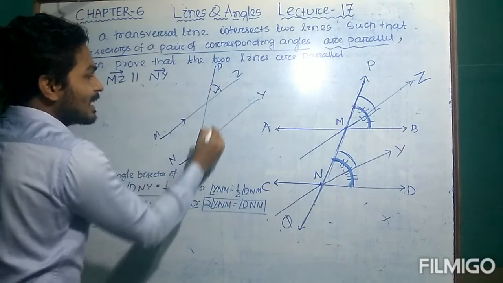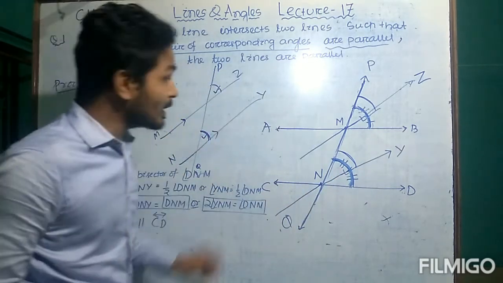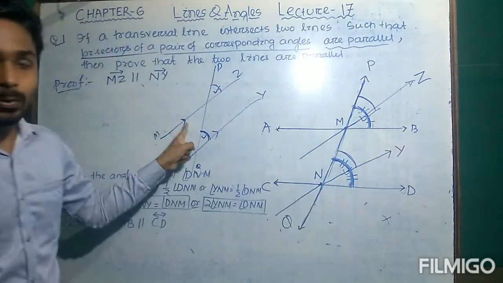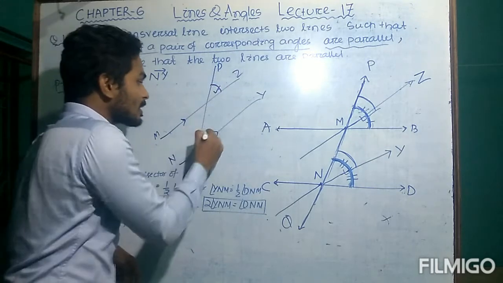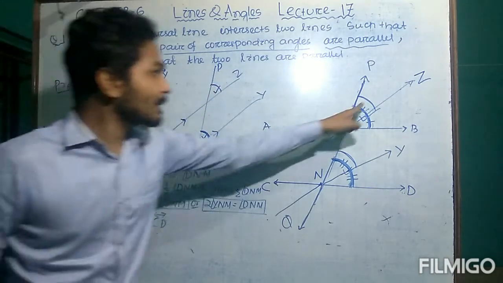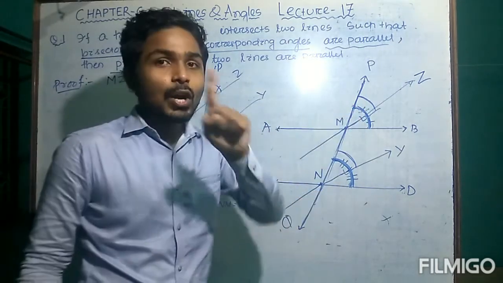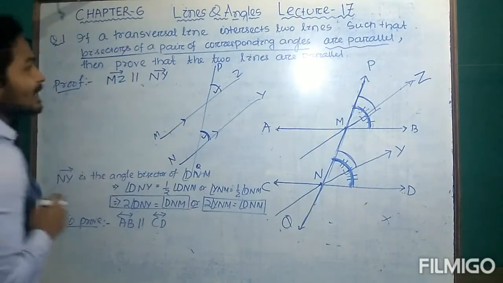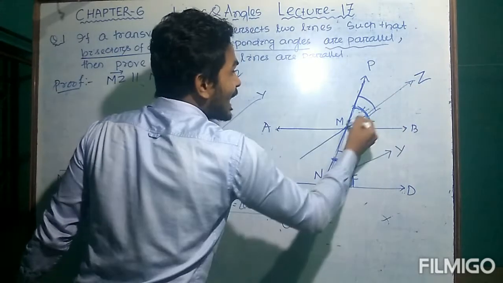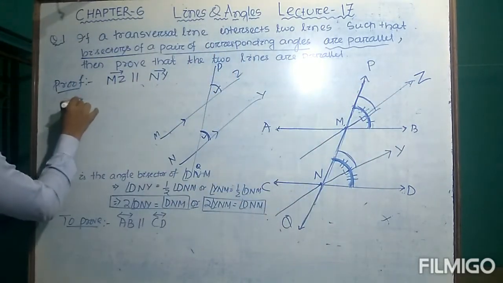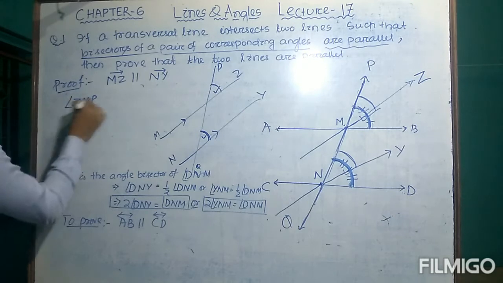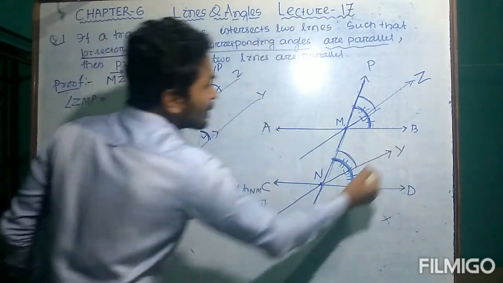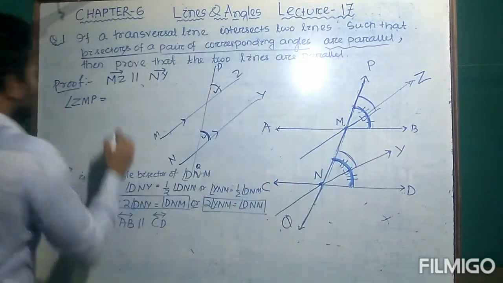For conceptual clarity, I have omitted AB and CD here so that you can easily understand which two angles are corresponding. So you can write that the angle ZMP is equal to the angle MNY, or you can say YNM.